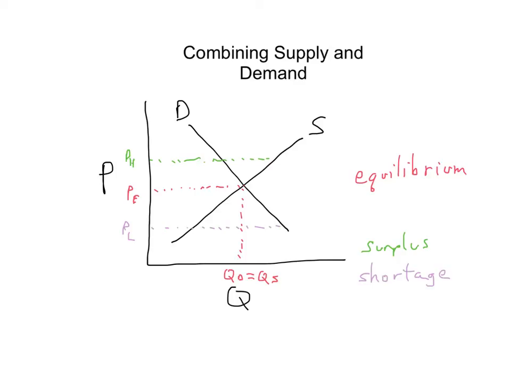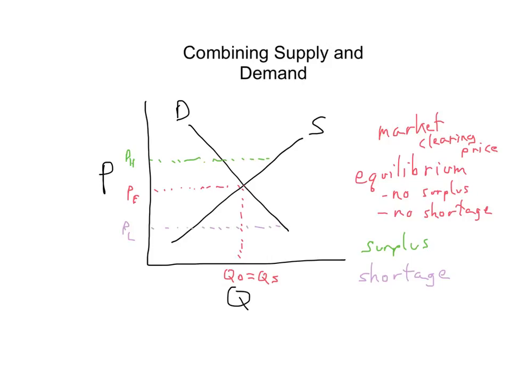So you can sort of define the equilibrium price as the price that means there is no surplus and no shortage. Because everything that's produced is also purchased at this price, we call this sometimes the market clearing price.